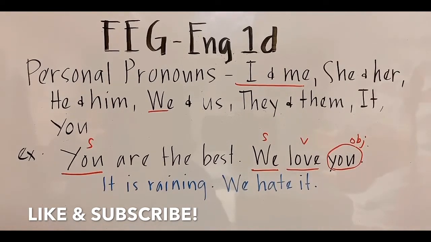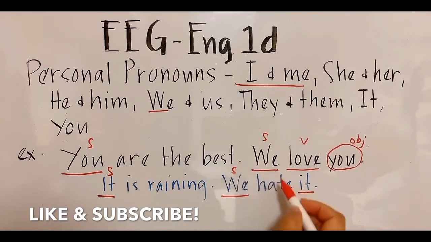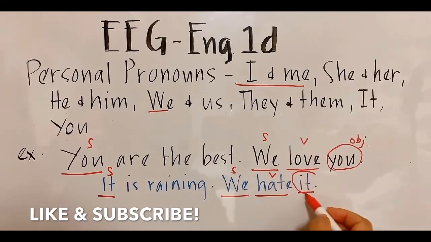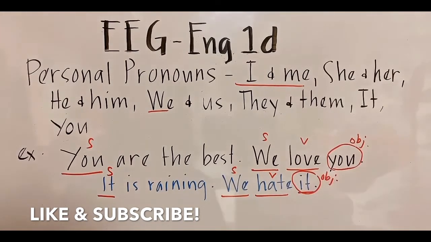Now let's analyze the sentences. It here is the subject. And it there? We is the subject and hate is the verb and it is the object pronoun. So like you, it can be the subject pronoun and the object pronoun.